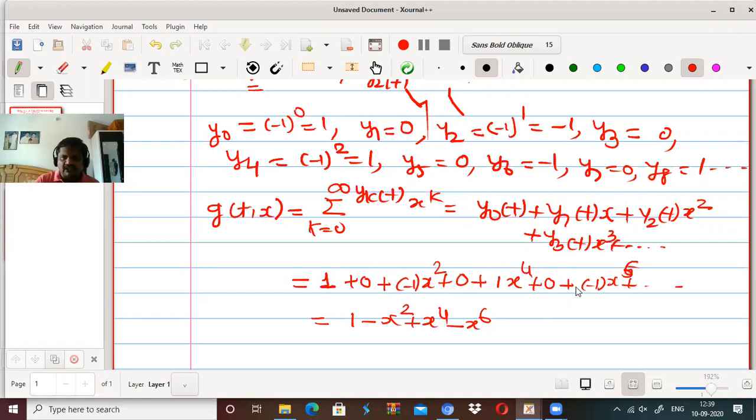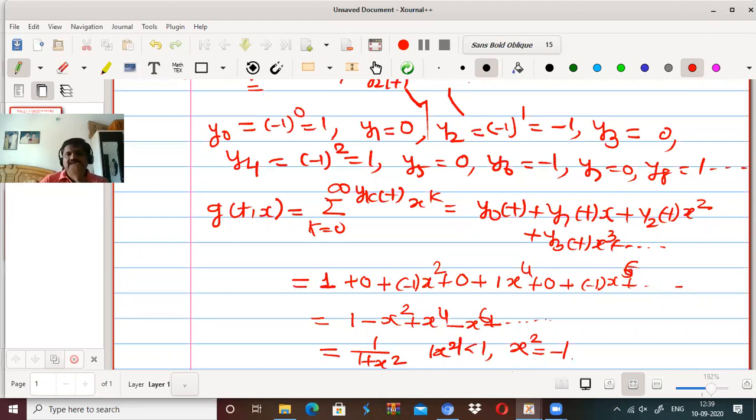Because the coefficients of all odd powers become 0, and plus so on. This will be plus 1. What about this? 1 minus x square plus x raised to 4 minus x raised to 6 and so on. What is it? Is it 1 upon 1 plus x square, provided mod x square less than 1 and x square should not be minus 1.